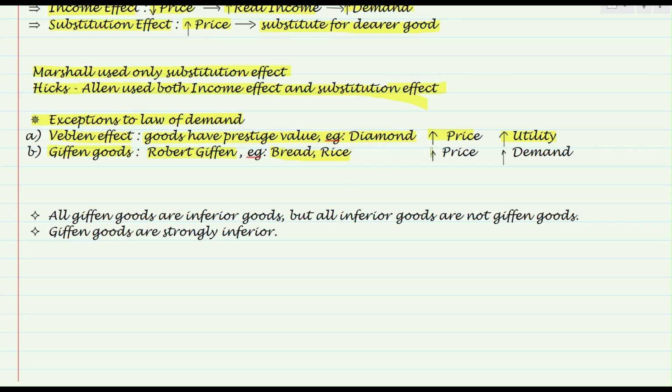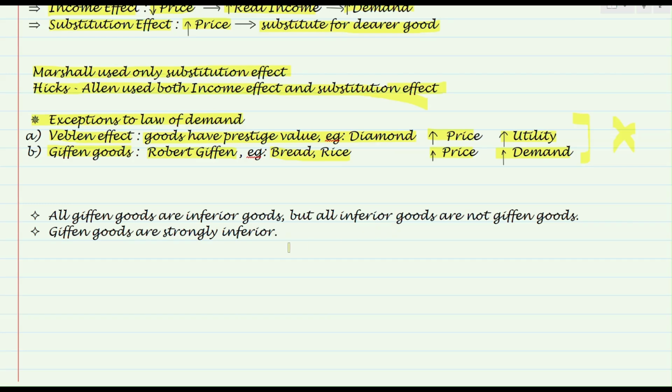So when there was a rise in the price of potato, people demanded more because meat was expensive at that time and they could not afford it. So these are the two cases where the law of demand does not apply. These are the exceptions.